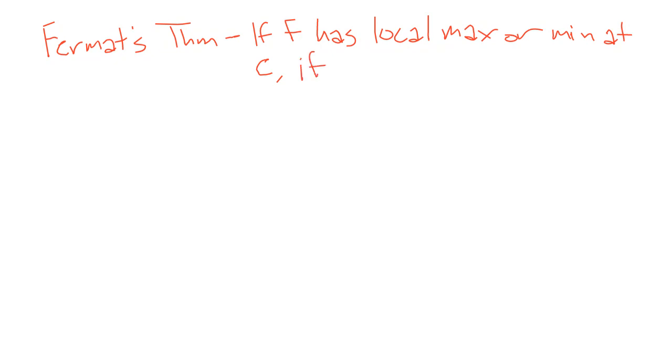And that essentially says if f has a local, or in other words, relative, max or min at some point c, and if f prime of c exists, then f prime of c equals 0.